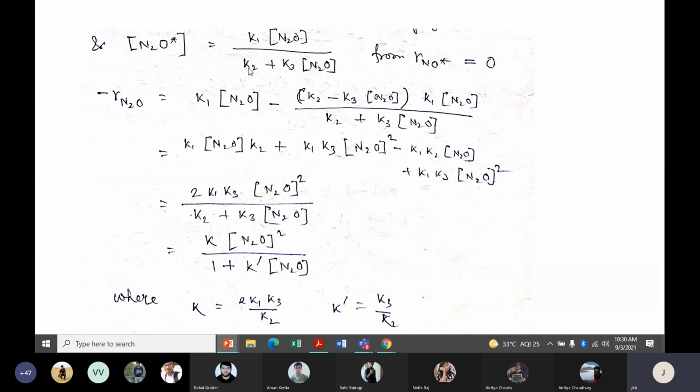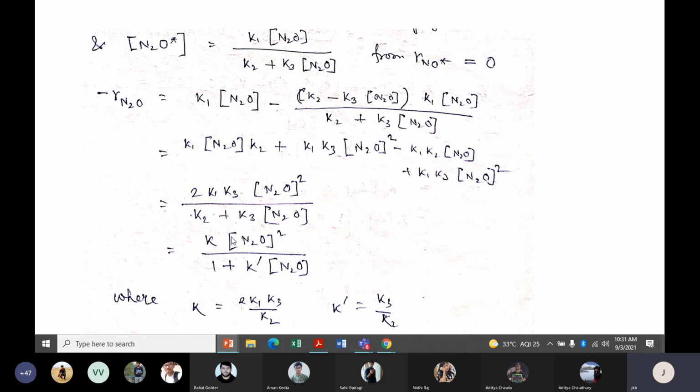In the denominator same K2 plus K3 N2O, and from here you will get the equation in this form. Then this product of K1 K3 you can consider as one more constant, or you can divide both numerator and denominator by K2, then this will be 1, and in the numerator you will get one more rate constant. This is similar to apparent rate constant K, and another rate constant will be K prime.